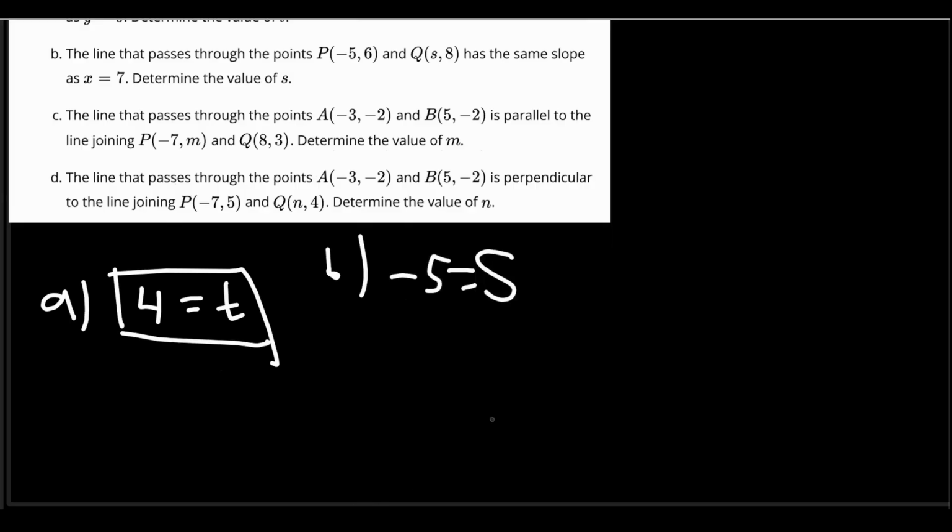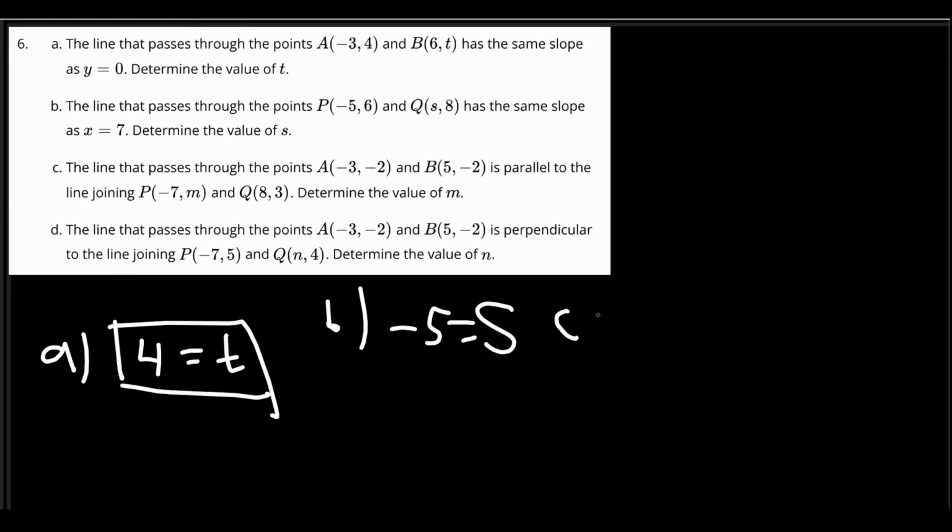Now for question C, it says the line that passes through the points A and B is parallel to the line joining P and Q, so you have to determine the value of m. We can first find the slope of A and B using our slope formula, and I'll use B as my second.